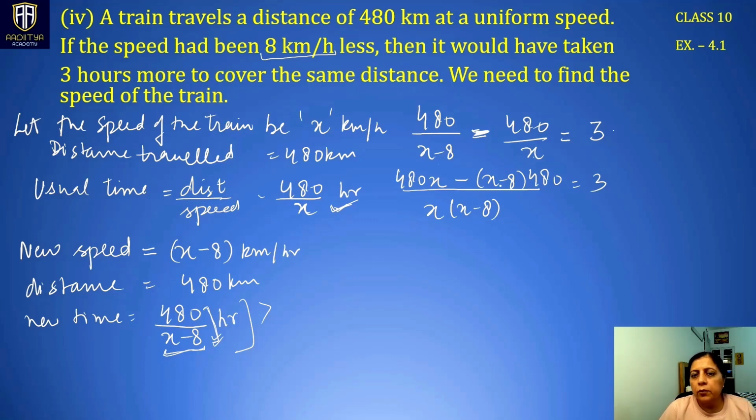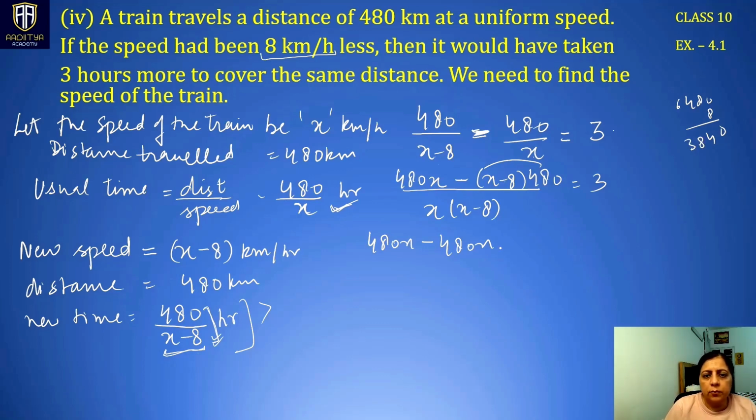So now we are going to simplify this. That means 480x minus, this is 480x, and this is minus 480 into 8. 8 8s are 64, 6 8 4s are 32, and 6.